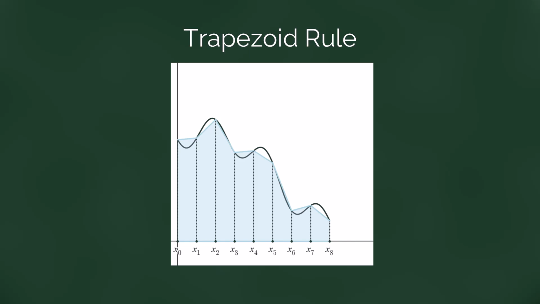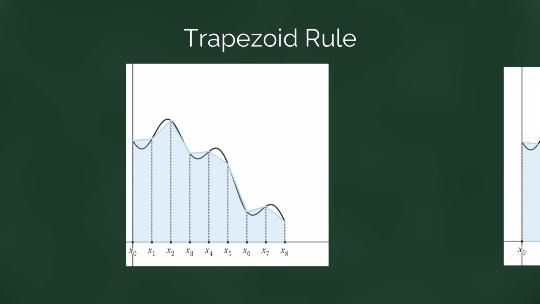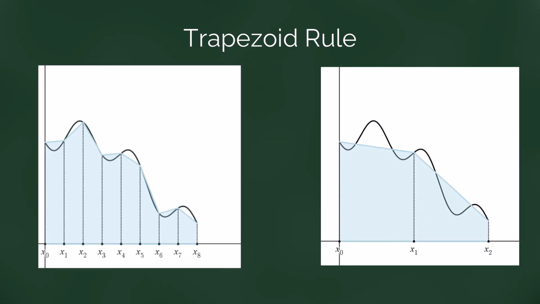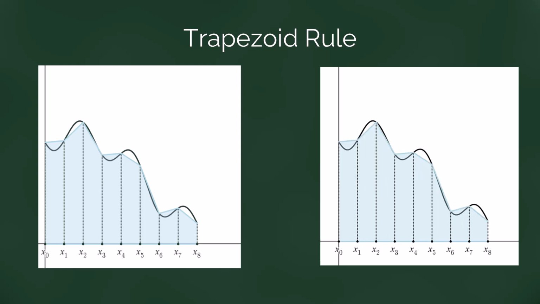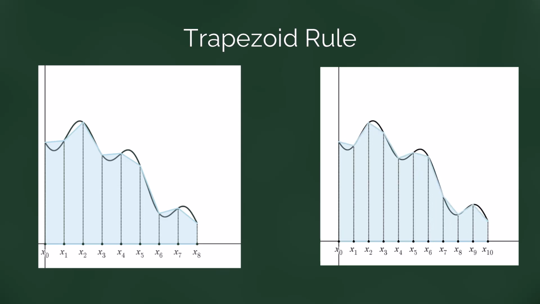We'll connect those two, and then we'll use the area formula for a trapezoid combined with those two bases and the width of the region as the height of the trapezoid in order to calculate the area of each of the trapezoids. Again, our animation makes it clear that if we increase the number of trapezoids, our area estimate gets closer and closer to the actual area.